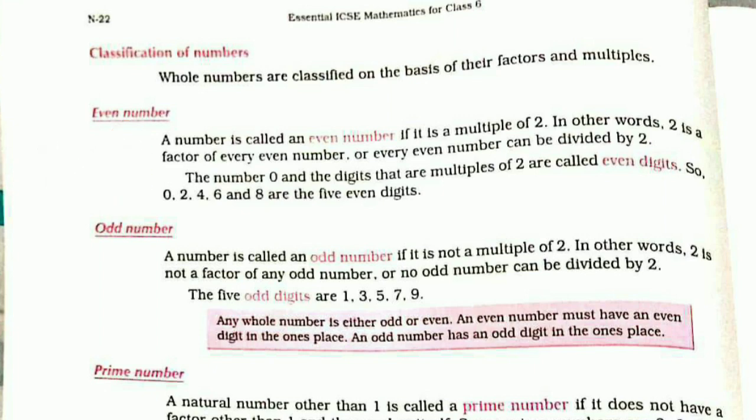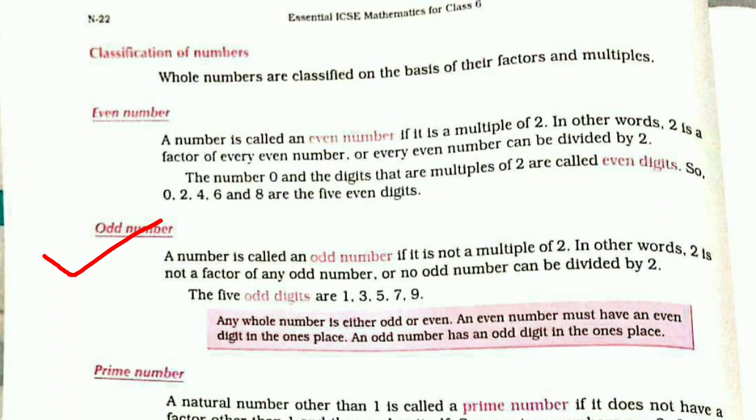Now we are moving to the next topic, that is odd numbers. A number is called an odd number if it is not a multiple of 2, or we can say that an odd number is a number which is not divisible by 2. The remainder in the case of an odd number is always 1. So 2 is not a factor of an odd number, or no odd number can be divided by 2.